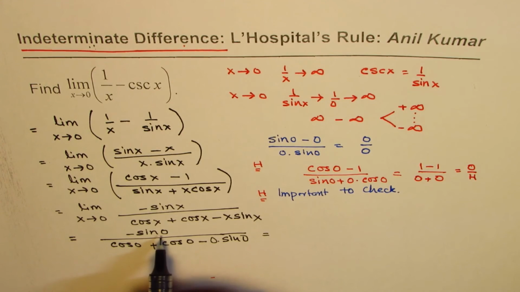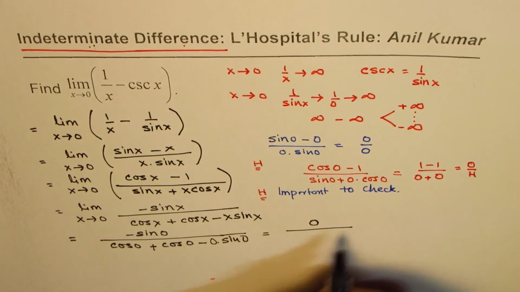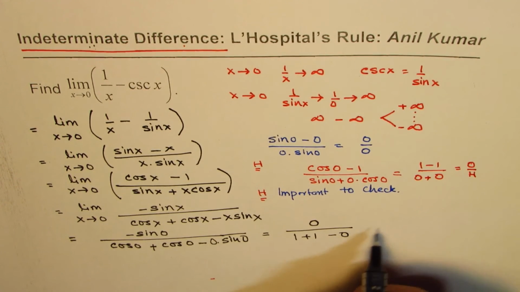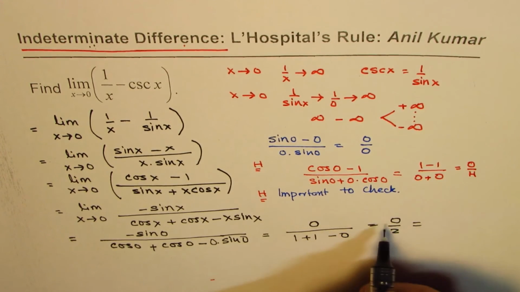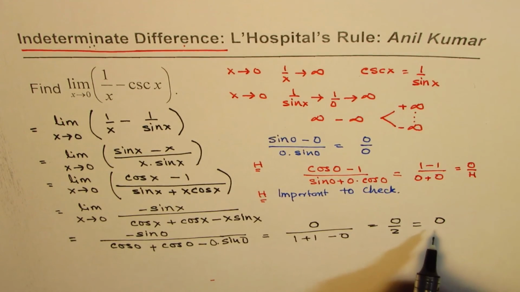So minus sine 0 is 0, so you get 0 over, cos 0 is 1, so 1 plus 1 minus 0, which is 0 over 2, and that is indeed equal to 0, right? So the limit of this function is 0.